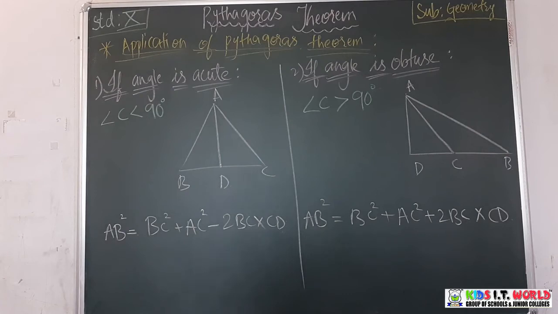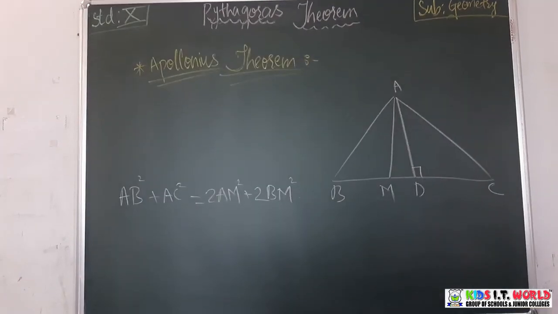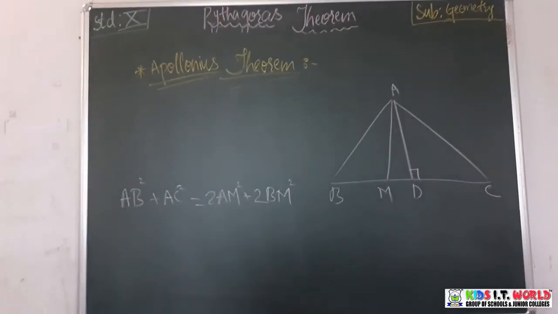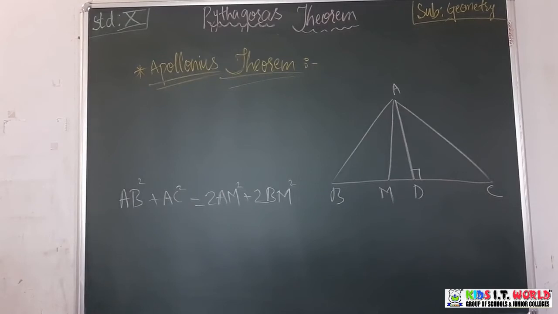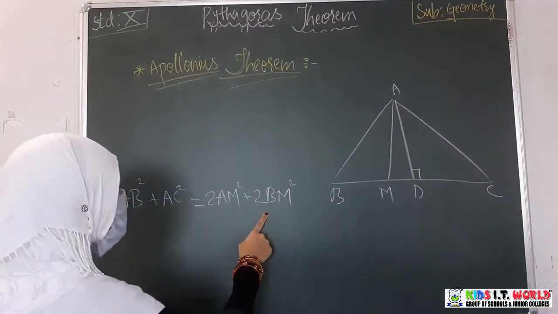Okay. The last topic is Apollonius theorem. In Apollonius theorem, if in triangle ABC, M is the midpoint of side BC, then AB square plus AC square is equal to 2AM square plus 2BM square.